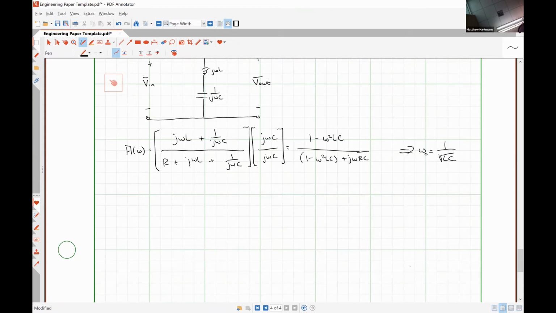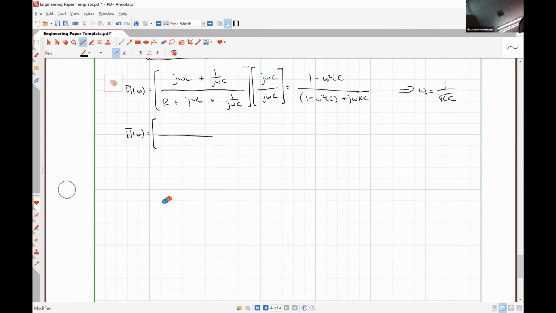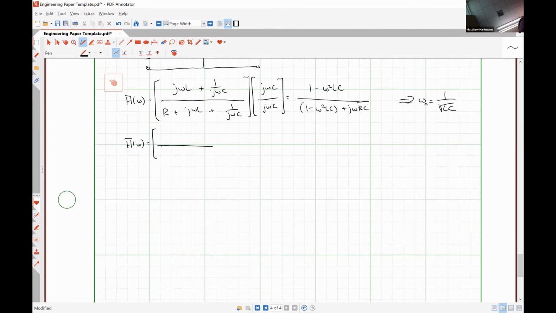All right. From that, we can manipulate our transfer function further. We have 1 minus omega squared LC plus j omega RC in the denominator.